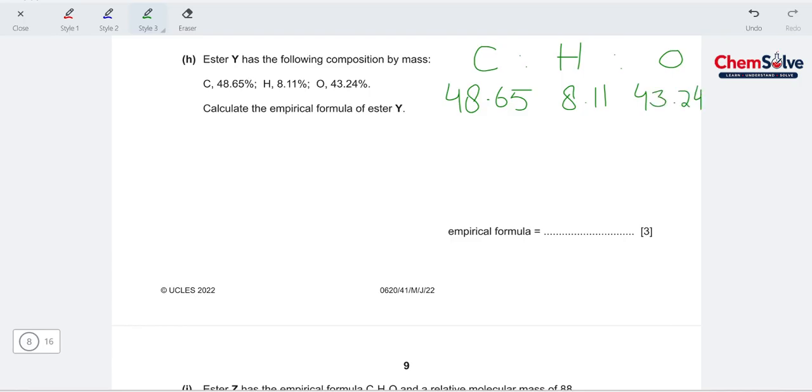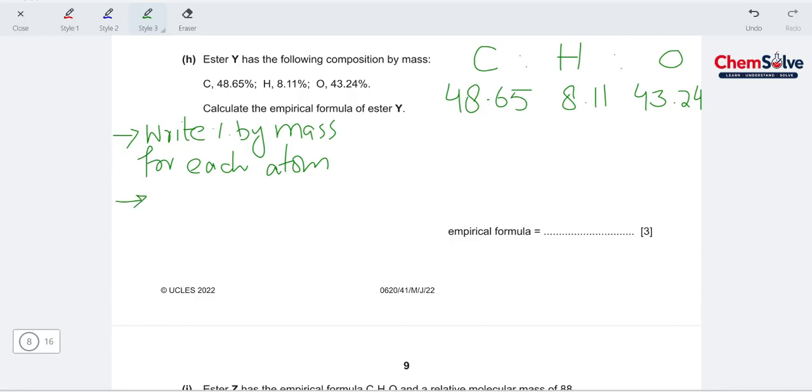So this is the first step. You can write down the percentage by mass for each atom. Okay, next is that we have to divide these percentage by mass by their molar masses.